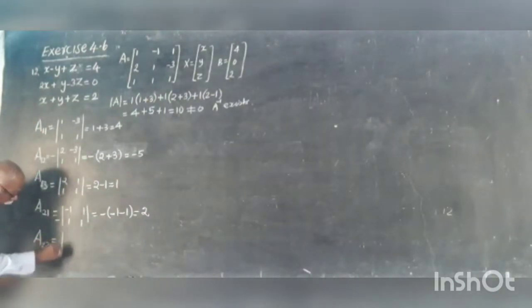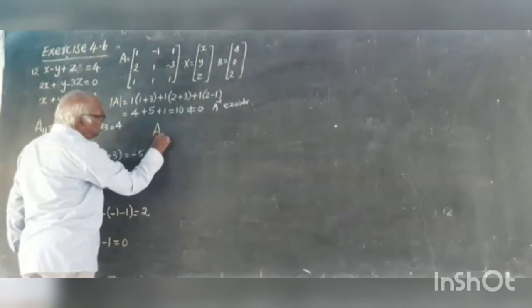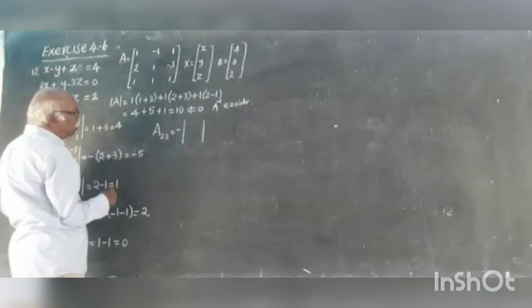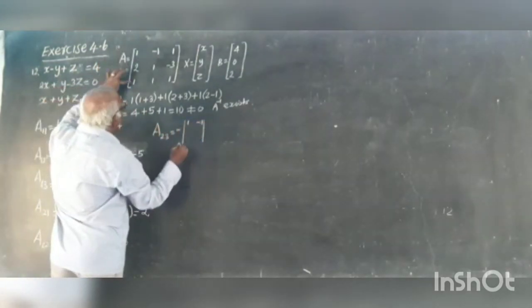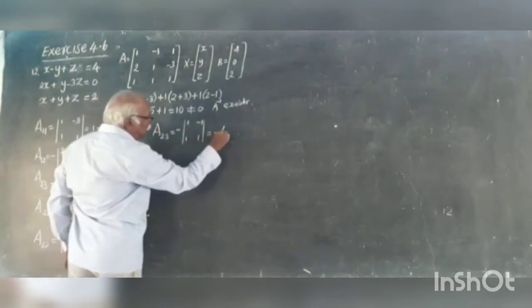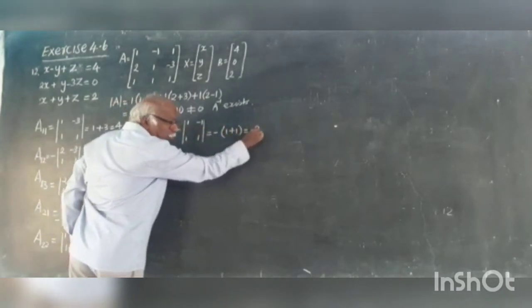Then A22: 1 1, 1 1, is 1 minus 1, equal to 0. A23 is negative. Why negative? 2 plus 3 is odd. 1 minus 1, 1 1, is minus of 1 minus of minus 1, plus 1, equal to minus 2.